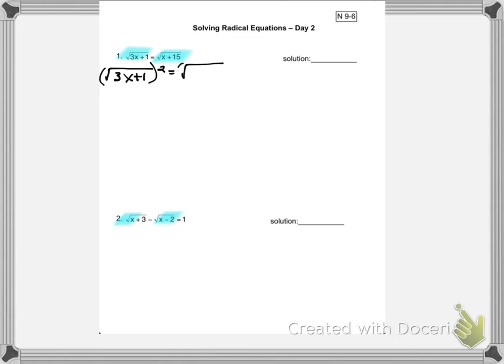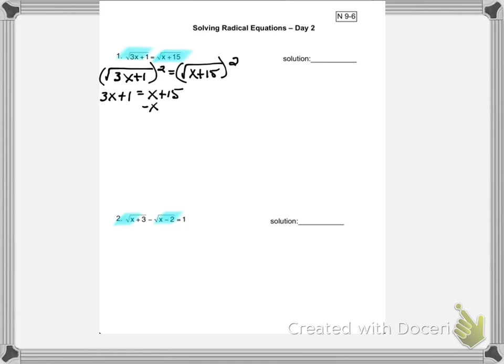and then we're going to square the square root of x plus 15. Now when you square a square root, the radical lifts, so you have 3x plus 1 equals x plus 15, and then we can just solve like we would have solved an equation.